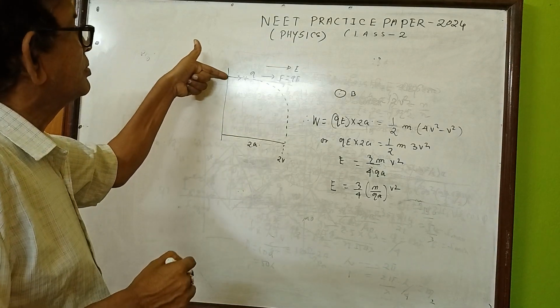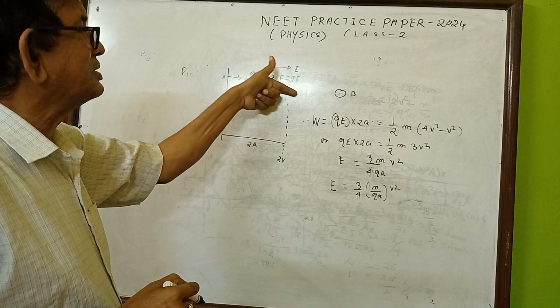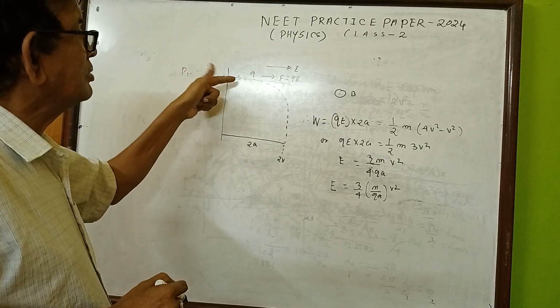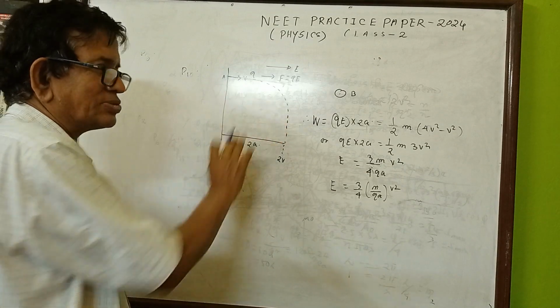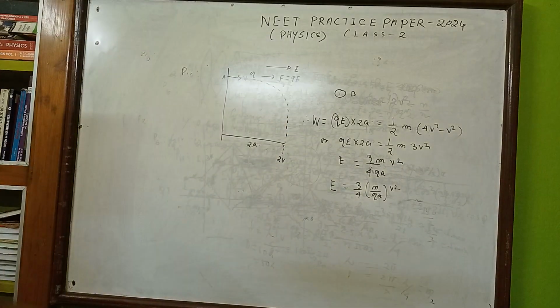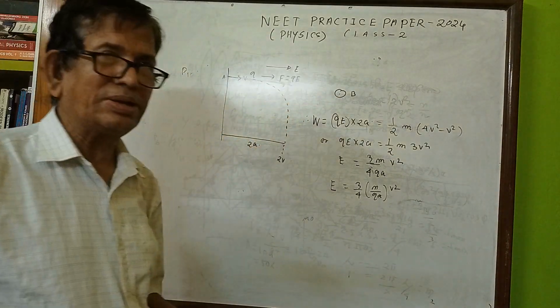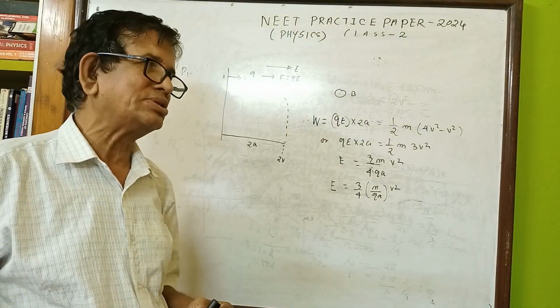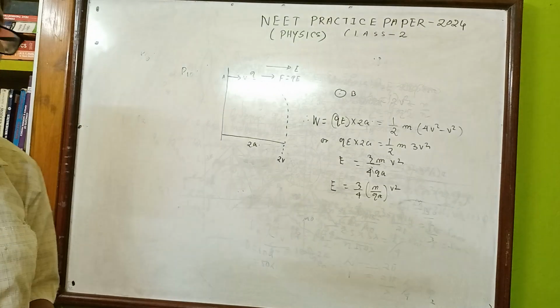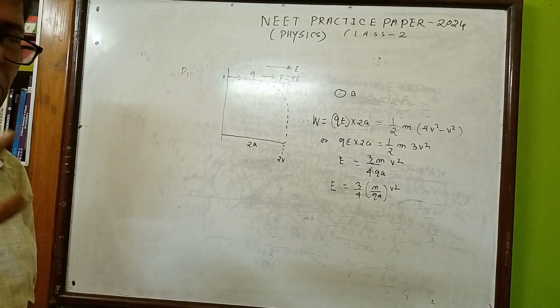Again I am telling, this is velocity along the direction, and along the horizontal direction energy changes. Energy change is work done. Why work done? Because energy is not changed by the magnetic field. You know magnetic field is always perpendicular to the direction of motion of the charged particle. So the magnetic field does not do any work.